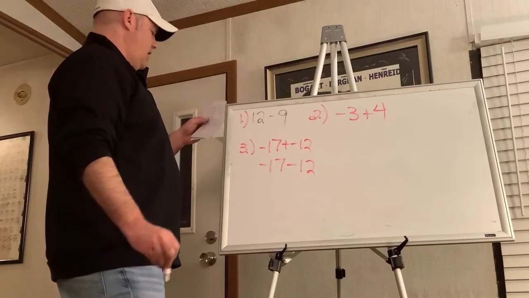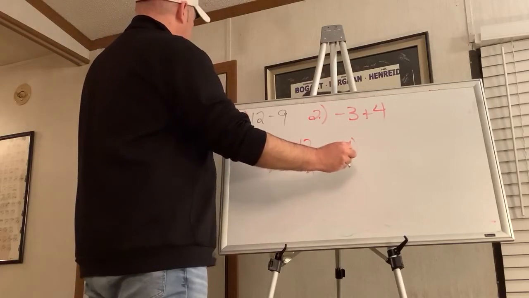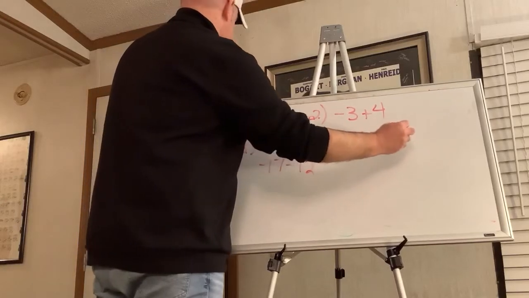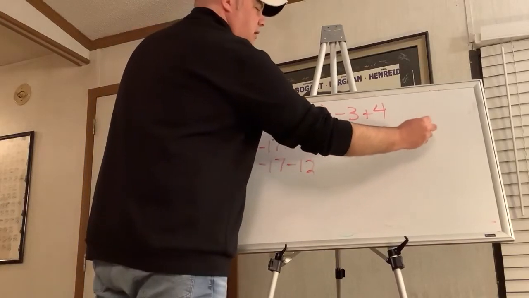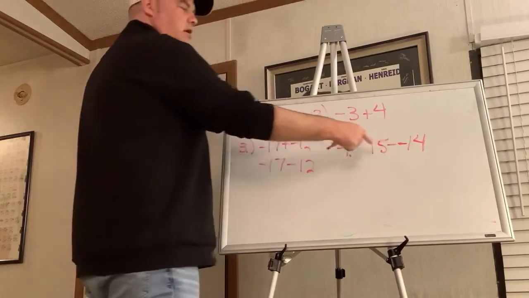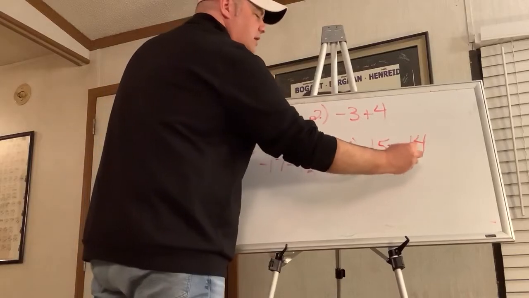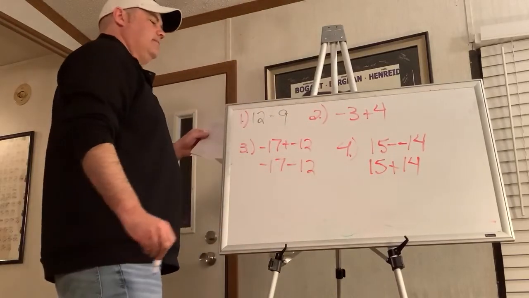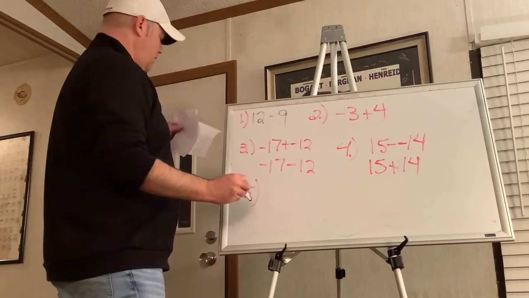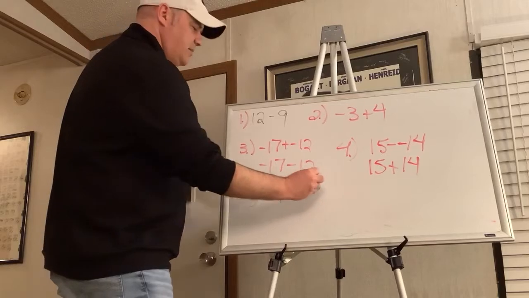And then number 4, you had 15 minus negative 14. That was the original problem, so that minus becomes 15 plus 14. Okay, and then number 5, you had negative 15 minus positive 8.